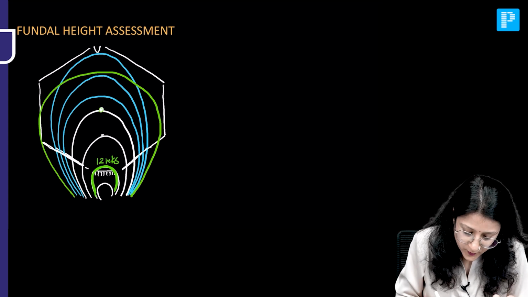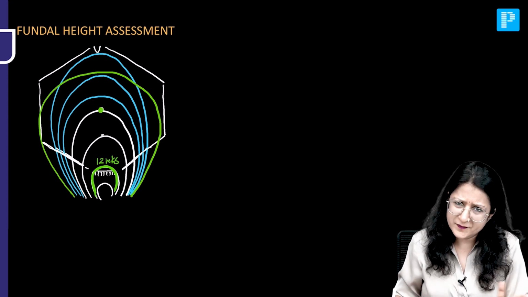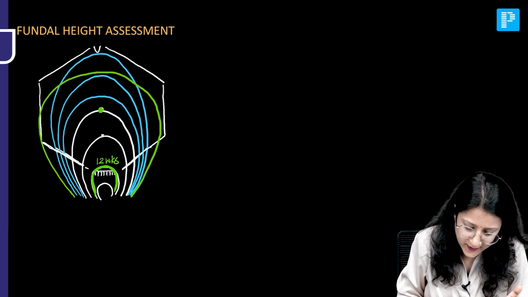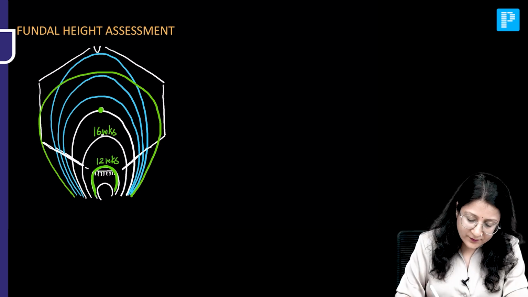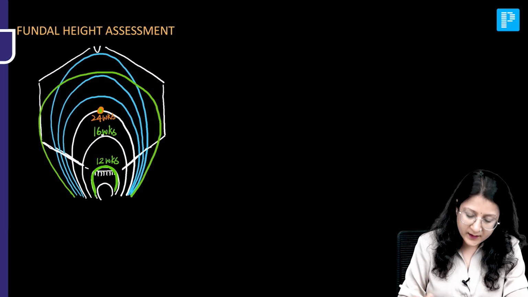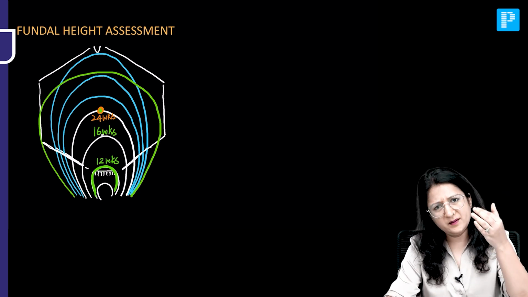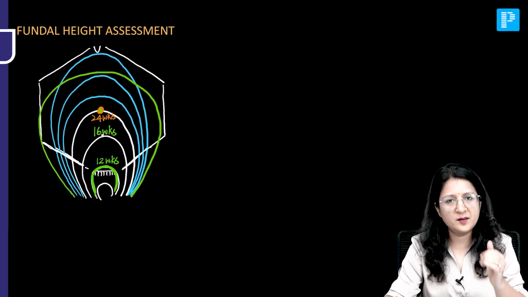The area between the umbilicus and the pubic symphysis is divided roughly into two parts. Midway between the umbilicus and pubic symphysis is around 16 weeks. At the level of the umbilicus is 24 weeks.